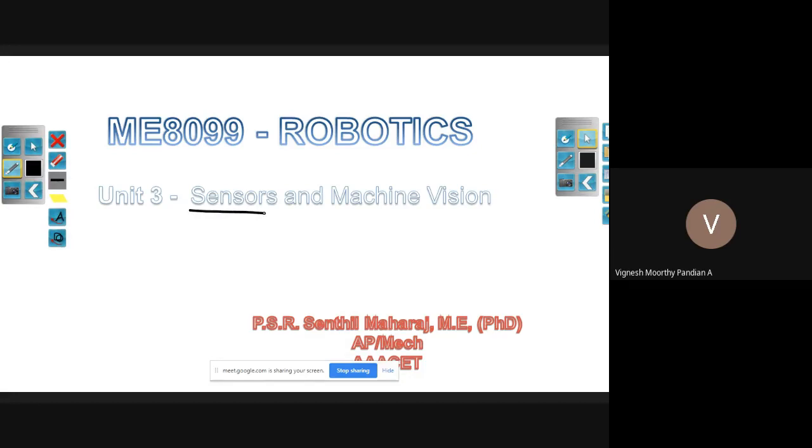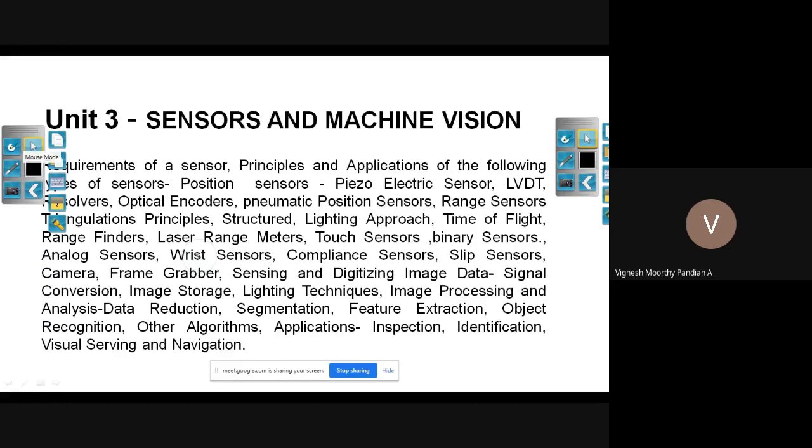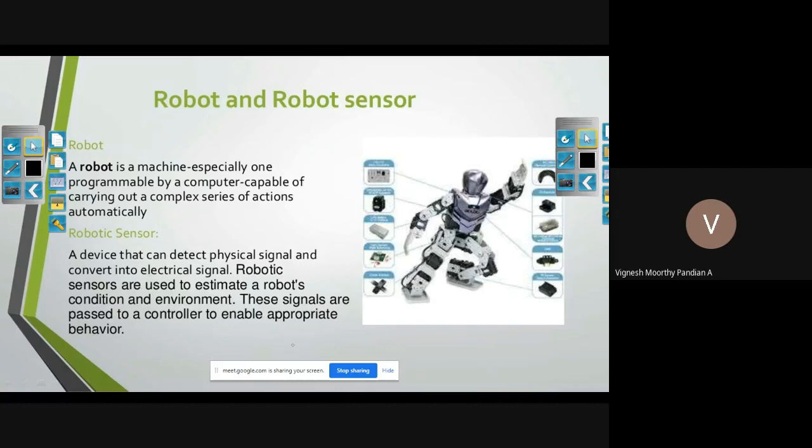First one is sensor and another one is machine vision. This is the syllabus of the third unit. You can all take a note of it.